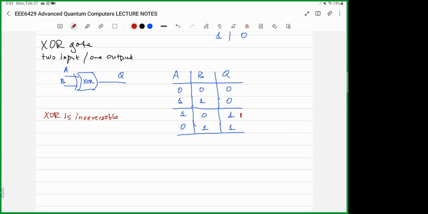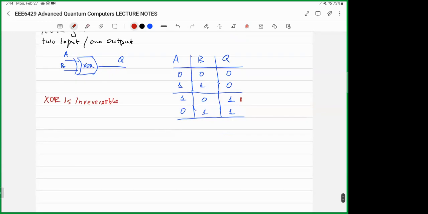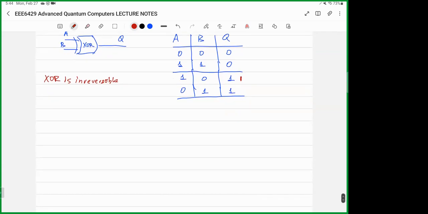So I have some lack of information. I need some extra information to make it reversible. So the XOR gate is irreversible. And for classical logic, classical computation, this is okay.